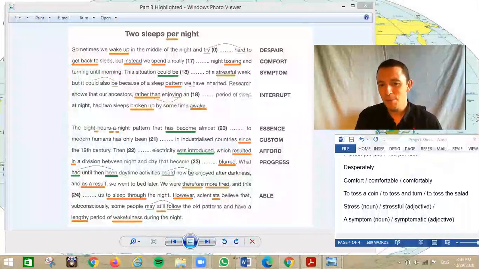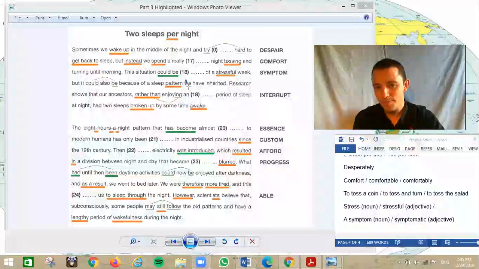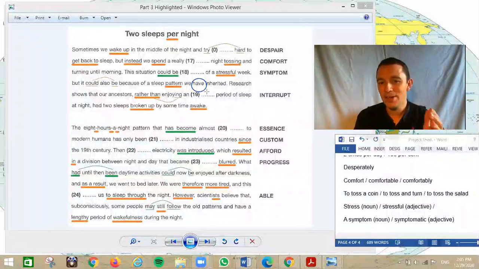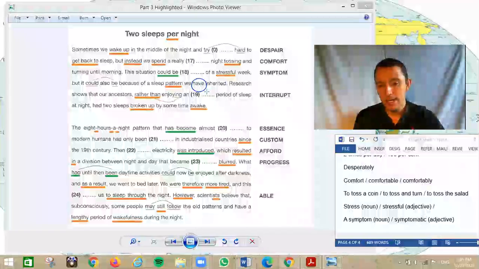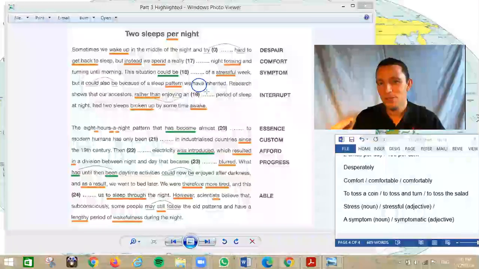So because of a sleep pattern, we have inherited. So this is an example of the present perfect. Okay, so the subject is I, you, he, she, we. The auxiliary in the perfect is have. So the present perfect is always the auxiliary have. I have, you have, he has, she has. Depending on if it's a third person, you say has.